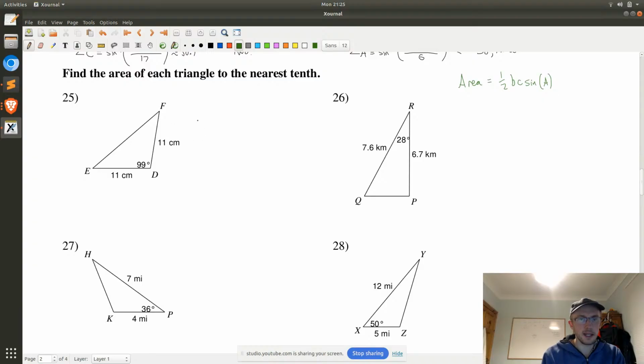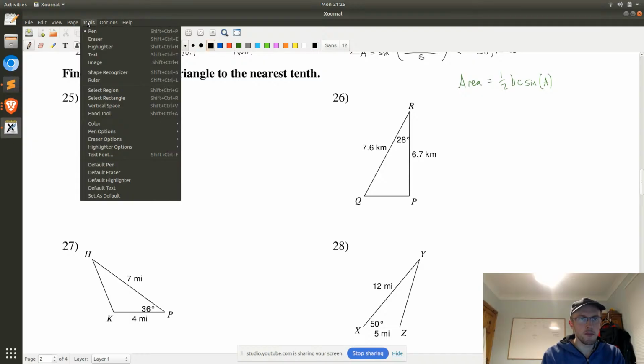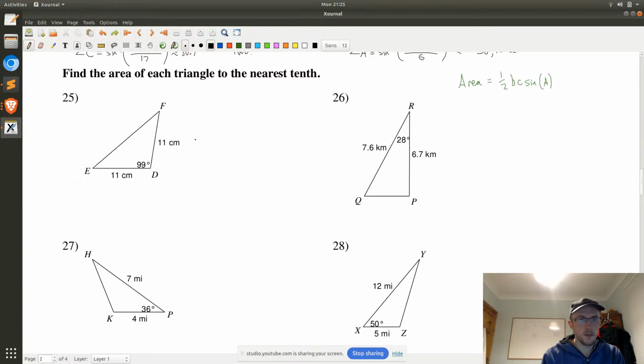So in this particular case, it would be half of 11 squared.